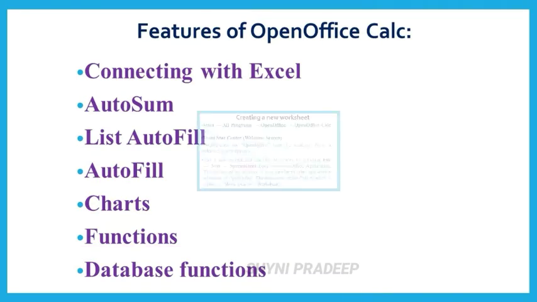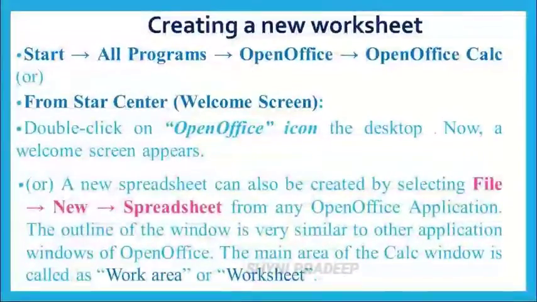Okay. Next topic is creating a new worksheet. You can open the spreadsheet application in two ways. What are they? The first way is to click on the Start button, select the All Programs option, select OpenOffice and select OpenOffice Calc.